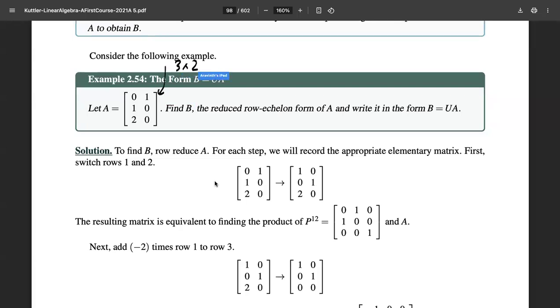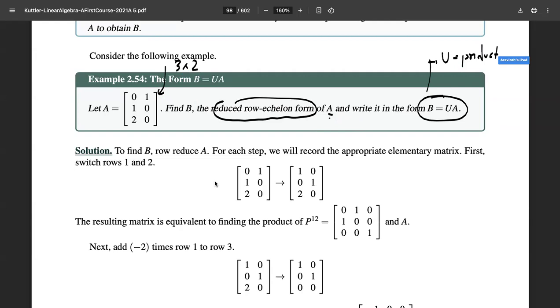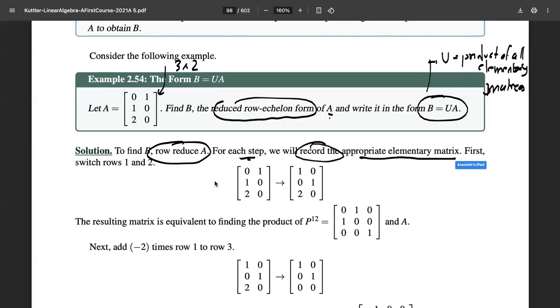We want to find B, the reduced row echelon form of A, and write it in the form of B equals UA. Recall that U is the product of all elementary matrices. So to find B, we want to row reduce A. For each step, we will record the appropriate elementary row matrix.